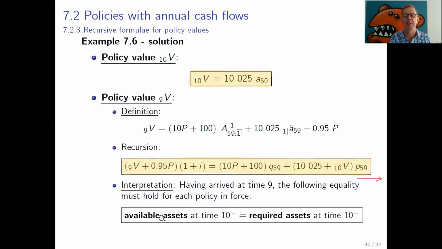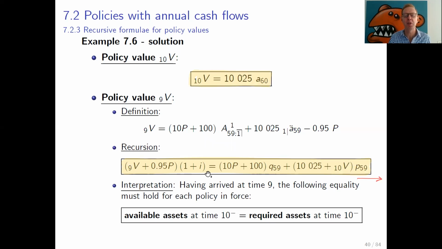The available assets at time 10 minus will be given by the left-hand side of this recursion. Indeed, at time 9, we have V9 for each policy in force. Then there is a premium payment P minus a cost of 5% of the premium. And this total amount is accumulated by interest i. So the left-hand side is what will be available at time 10.